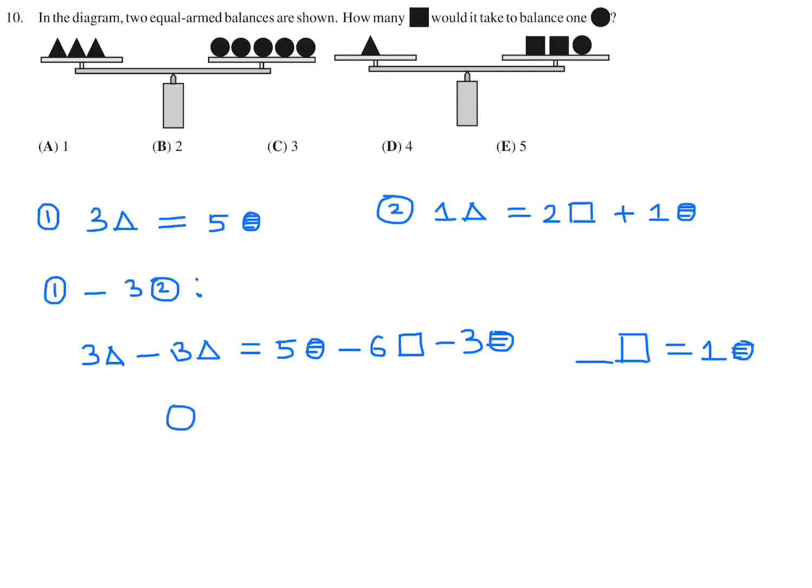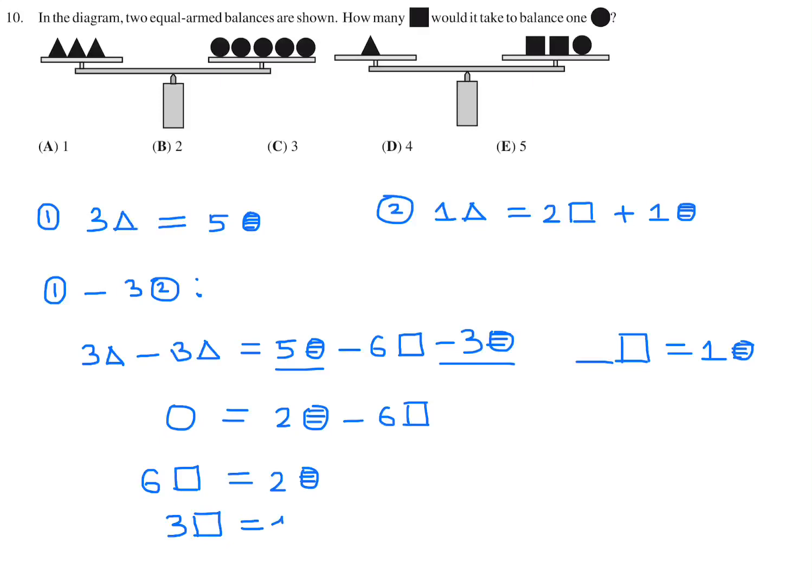The triangles cancel, it gives 0. 5 minus 3 is 2 circles, is equal to 6 squares. Put the 6 squares on the other side, and you get 6 squares is equal to 2 circles. Divide through by 2, and you get 3 squares is equal to 1 circle. And that's exactly what they wanted. So they wanted this number, and that number is 3. So number 10, the answer is C.